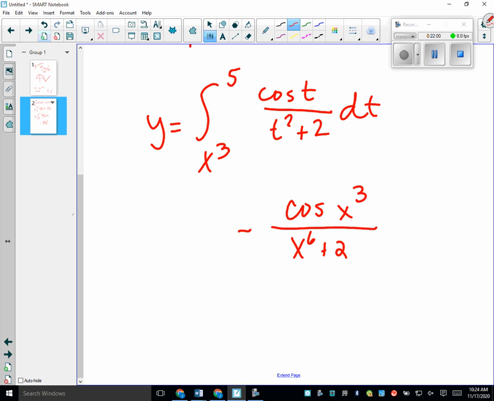Now, because it wasn't a single x, because the derivative of a single x is 1, I didn't have to write it. But now it's not a single x. What is the derivative of x cubed? 3x squared. So I have to put the derivative in the problem. That is my answer.